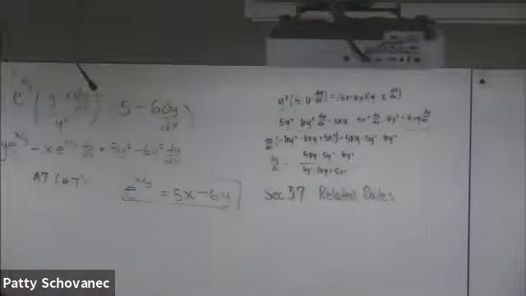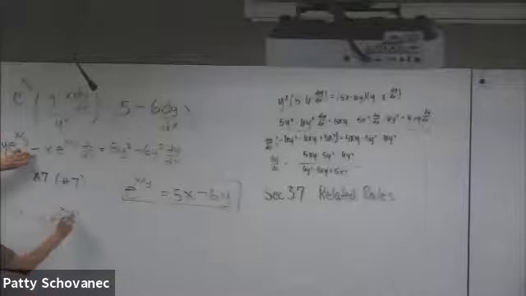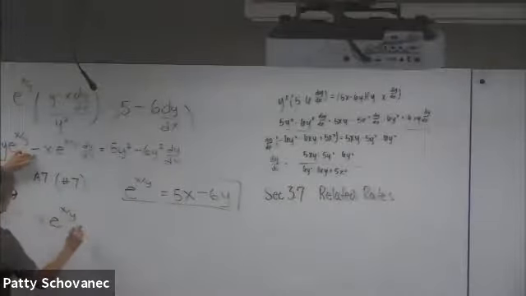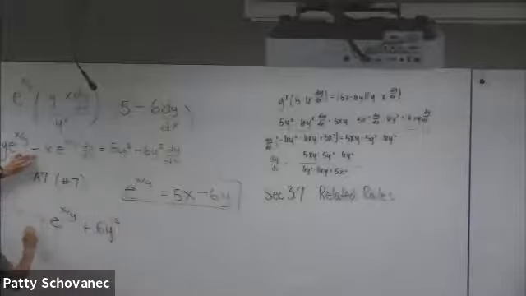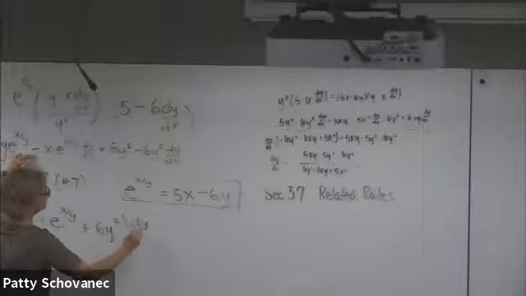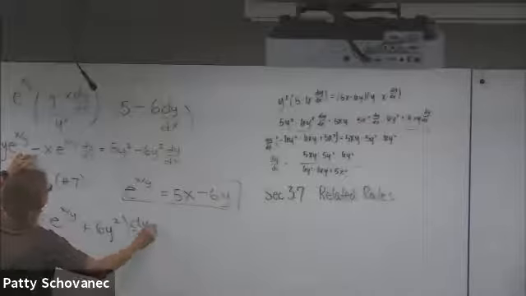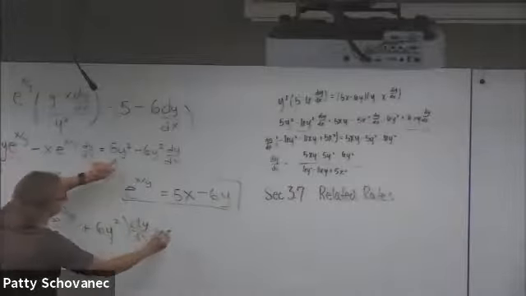So we do that to here. Minus x e to the x over y plus 6y squared times dy dx is equal to, that stays put.